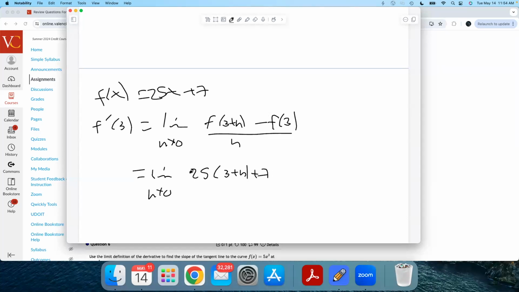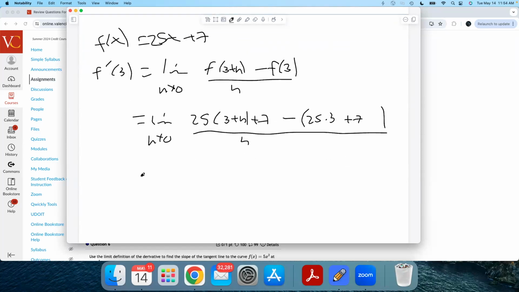Notice I rewrote the entire function. Minus, now I'm going to rewrite the entire thing in parentheses, but instead of writing x, I'm going to write 3. And that's all over h. Don't forget you're over h. A lot of mistakes happen there.